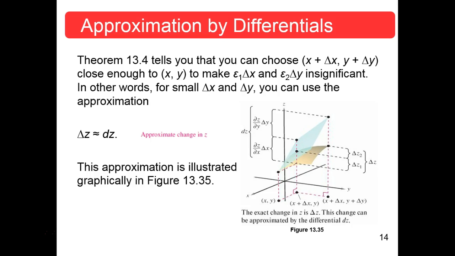Remember your x direction is this way, y direction is that way. So how is z changing when you go from x to x plus delta x? That's in the negative direction. Well, the function is going uphill there, which means in the positive direction it would be going downhill in the x. But in the y, going from y to y plus delta y, that would be the change here.